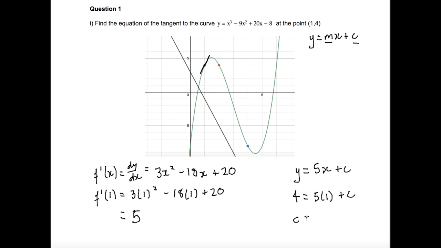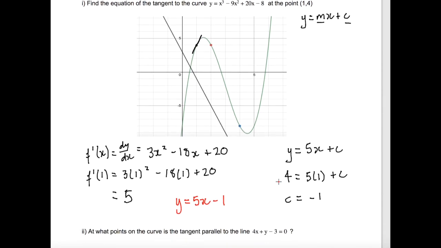Then we subtract 5 from both sides. We get 4 minus 5 is negative 1. So our whole equation, if we can write it in red, will be y equals 5x minus 1. And that's the equation of the tangent to the curve at the point (1, 4).